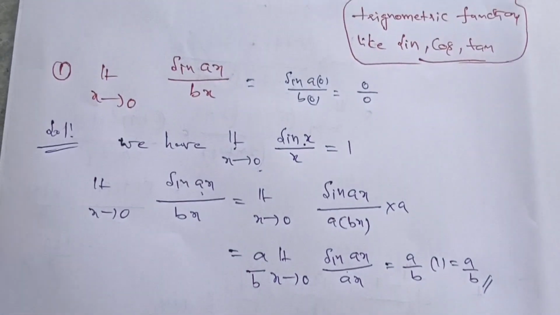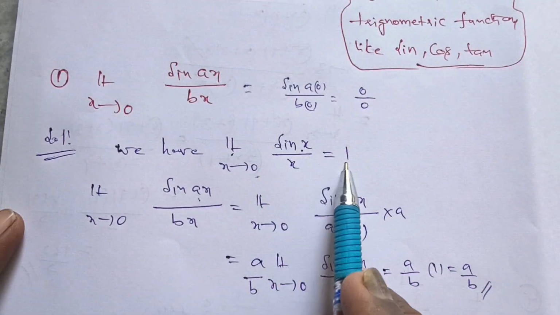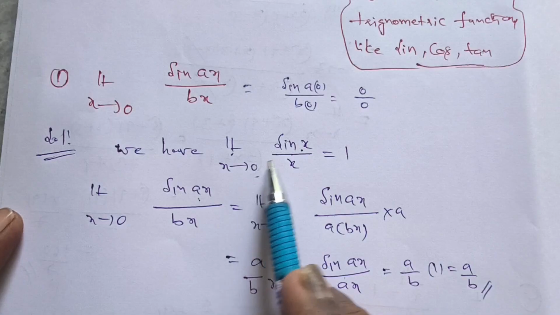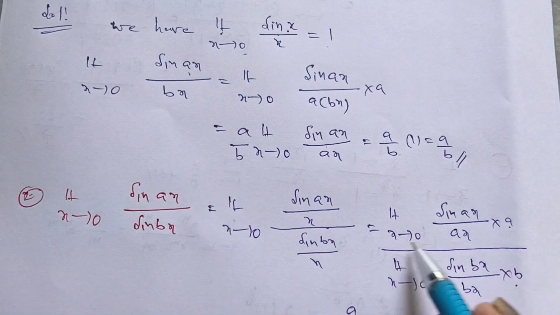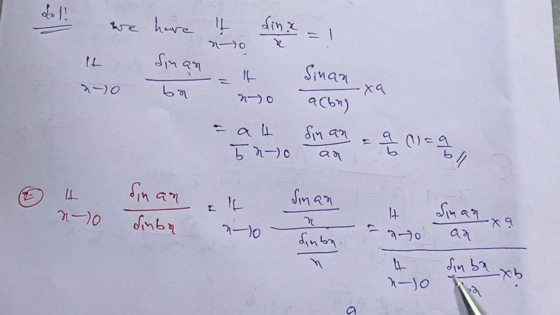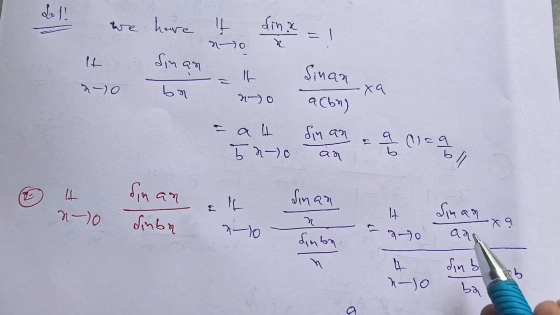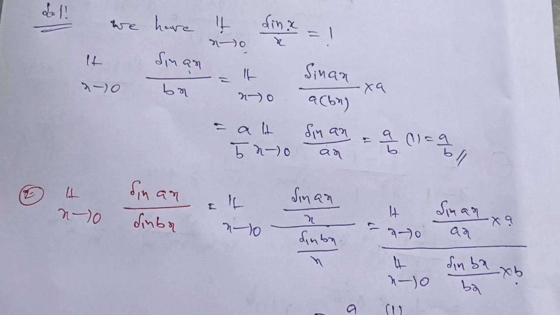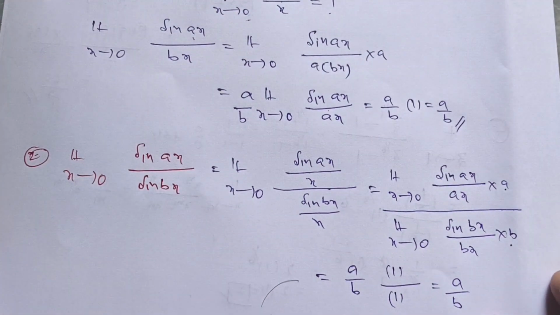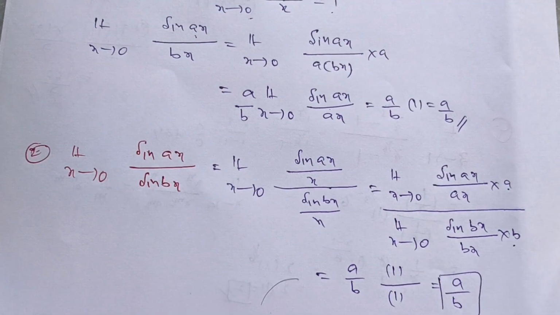The remaining part of the numerator is of the form limit x approaches 0, sin x by x, which is equal to 1. So this part is of the standard form, and we write that limit as 1 by, the denominator part is also 1. So a by b, 1 by 1, that is equal to a by b.